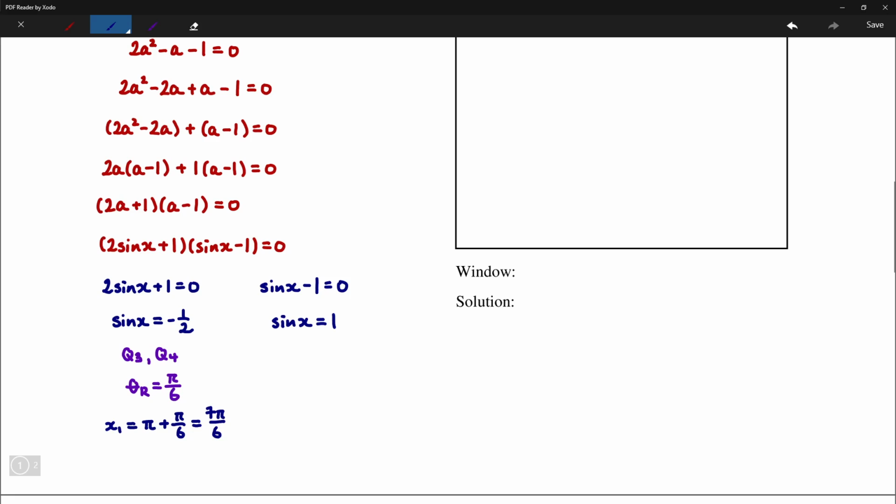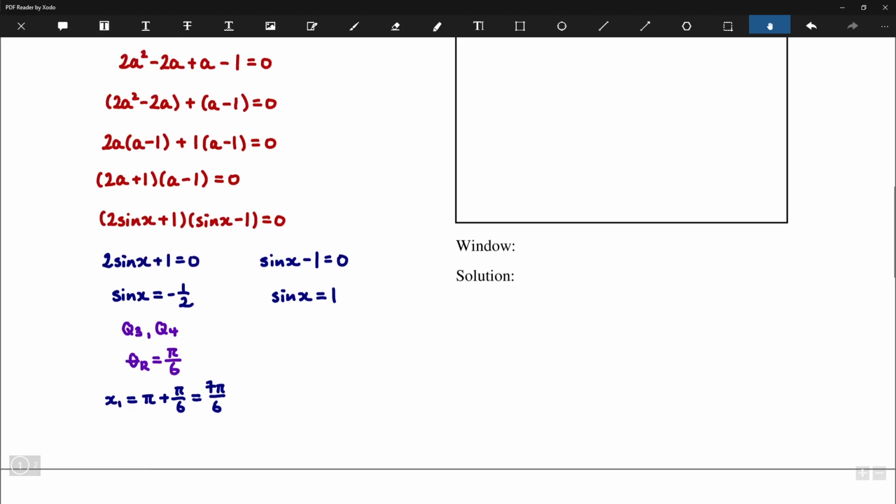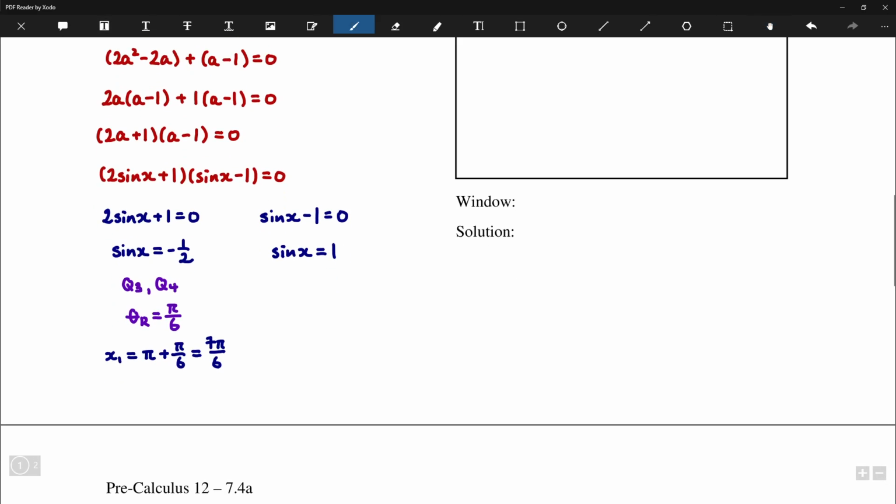And then the second solution in this part will be in quadrant 4, so 2 pi minus pi over 6, which is 11 pi over 6. On the right-hand side, there's only one possibility, and that is x is equal to pi over 2.